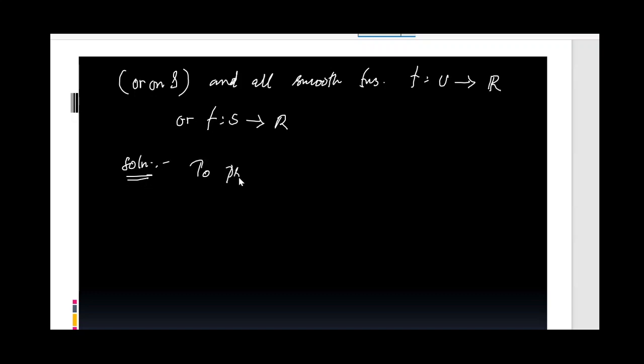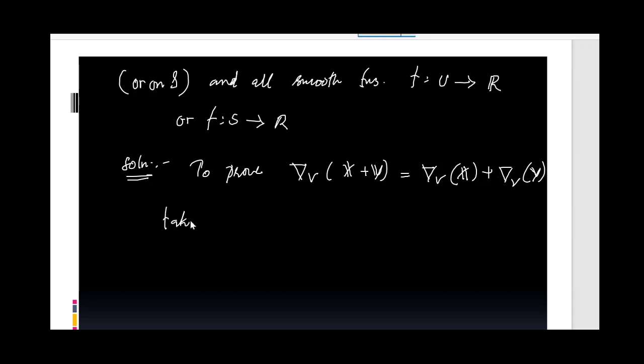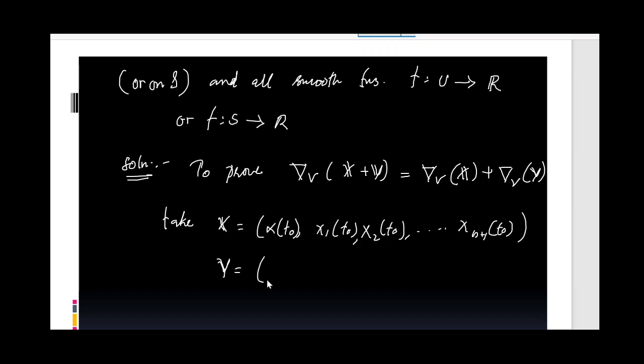To prove del_v of (x plus y) is equal to del_v of x plus del_v of y, no need of writing brackets. Take x as (alpha of t naught, x1 t naught, x2 t naught, etc., x_(n+1) t naught), and y is equal to (alpha of t naught, y1 t naught, y2 t naught, etc., y_(n+1) t naught).